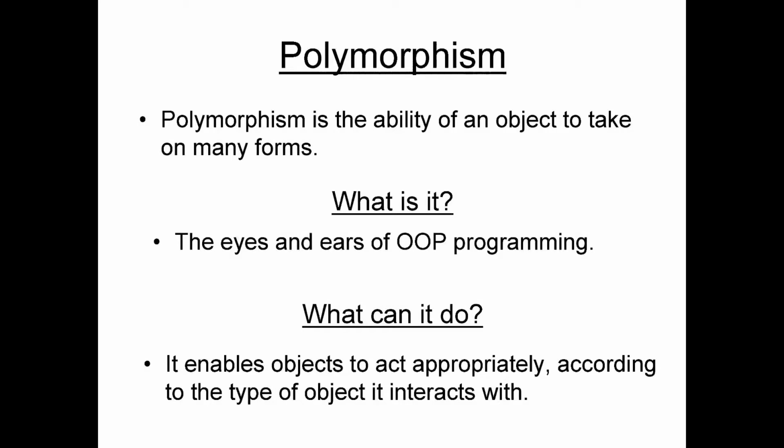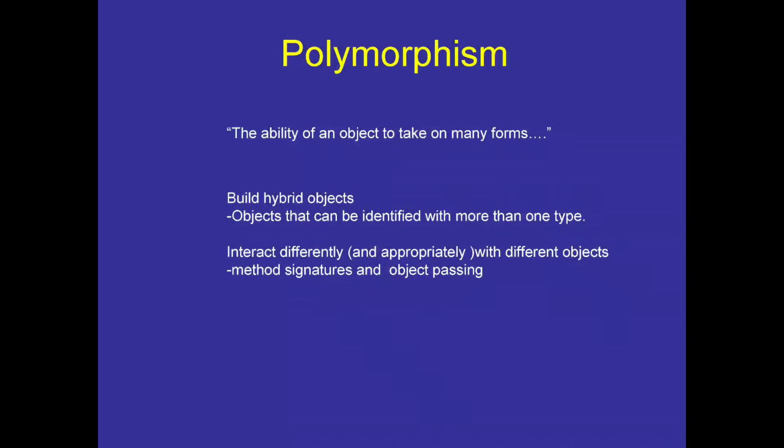What is polymorphism? Well, to me, really, I like to think of polymorphism as the eyes and the ears of object-oriented programming, and I'll explain that in a minute. What can it do? Well, it enables objects to act appropriately according to the type of object it interacts with. You'll see this in the next few demonstrations.